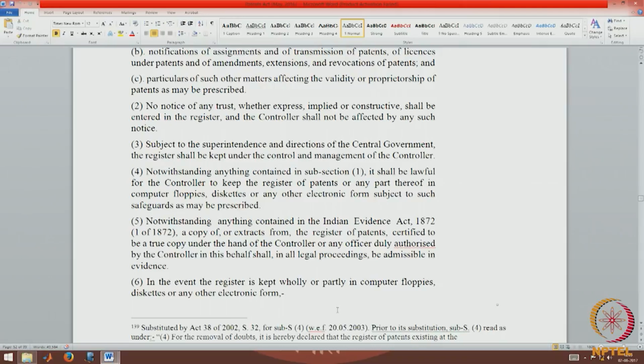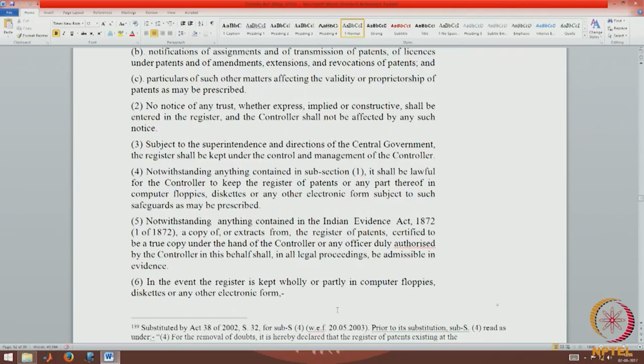Now, in practice, a printout taken from a patent office website will be admissible as evidence. The Information Technology Act allows copies which are displayed on the website to be taken as matters of evidence. But if there is any dispute with regard to rights of a patentee, and if that issue is before a court of law, under the Evidence Act, an extract, a certified copy of the register will be admissible as evidence.